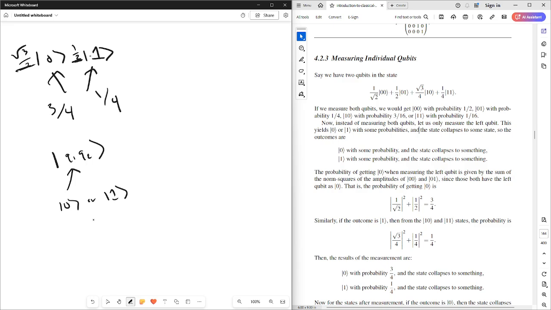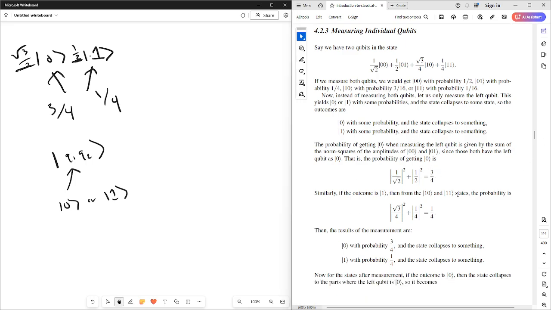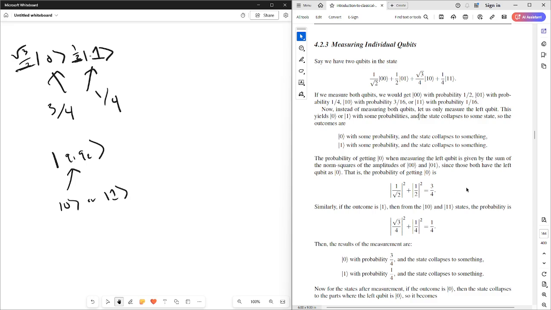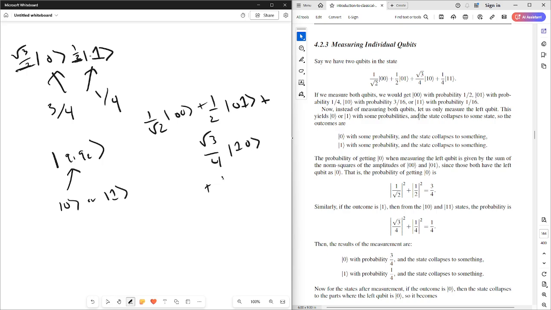Measure the left qubit. I'm trying to figure out where this example they're talking about is. Oh, I see. Okay. So they're using this example. Let me write that out. 1 over square root of 2, 0, 0, plus 1 over 2, 0, 1, plus square root of 3 over 4, 1, 0, plus 1/4, 1, 1.